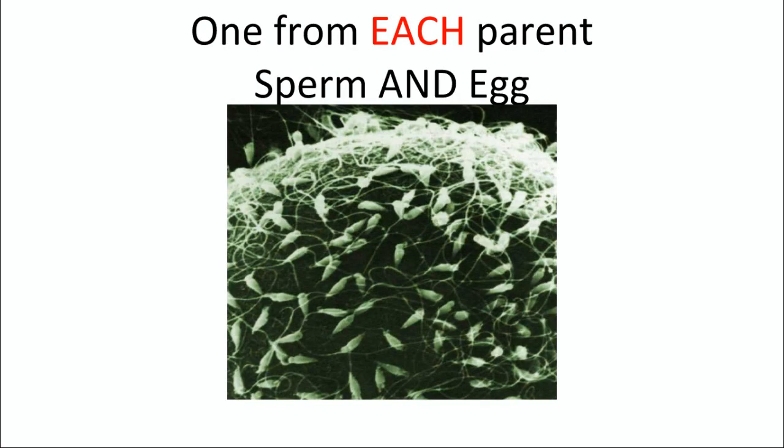Now, remember, as we're talking about genetics, we're talking about genes and alleles of genes that come from both sperm and egg from each parent. We have a copy coming from each, so we have 2 copies in total.